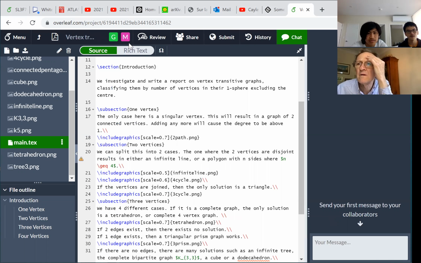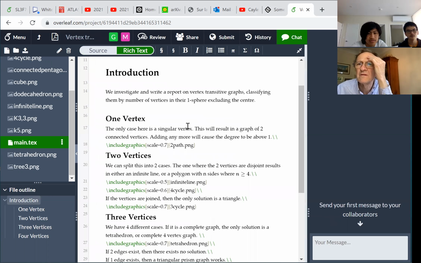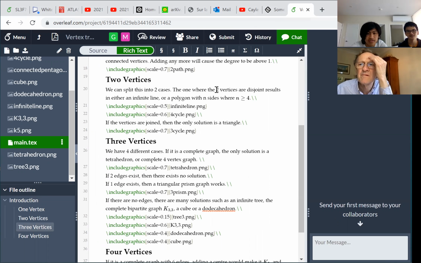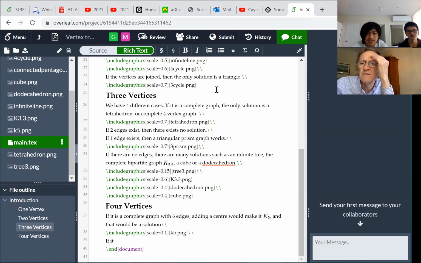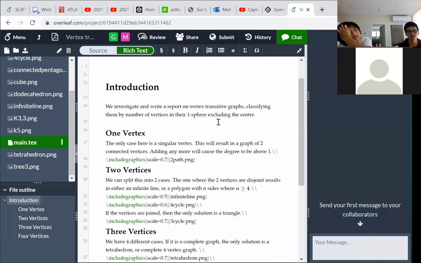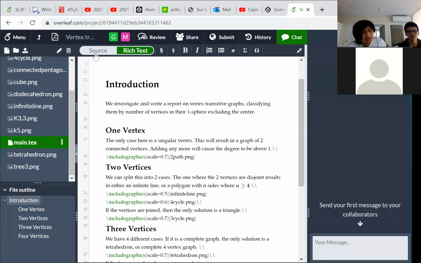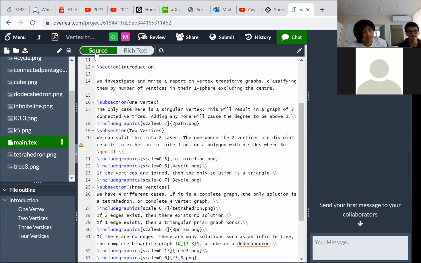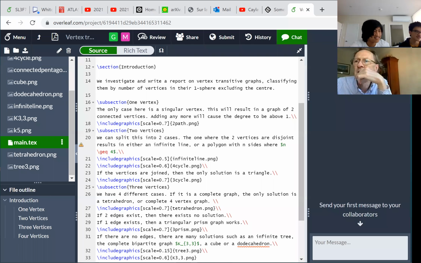Oh, no, it's just messages, isn't it? Is there a button on the right somewhere that says recompile? There is on the other laptop.